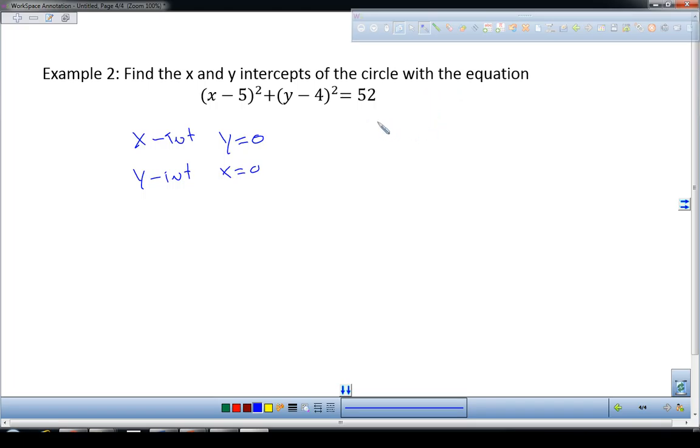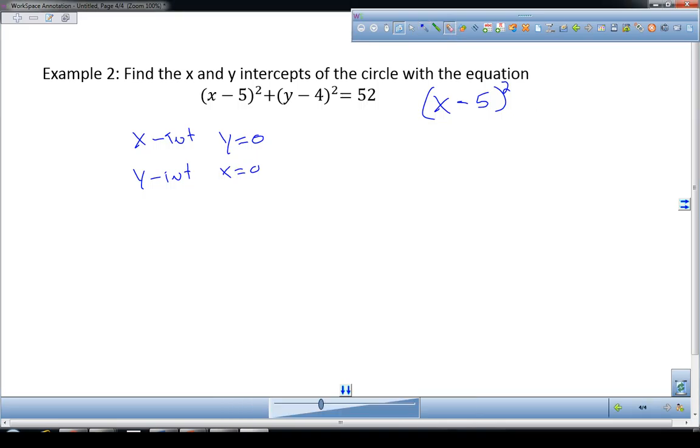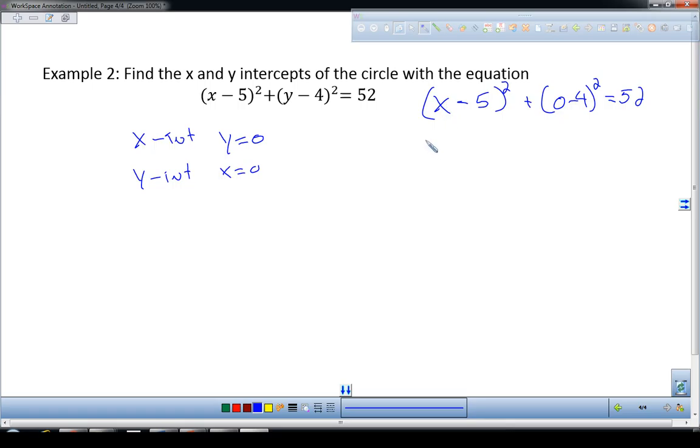So I'm going to solve x minus 5 quantity squared plus 0 minus 4 squared equals 52, and don't square both sides yet, okay?